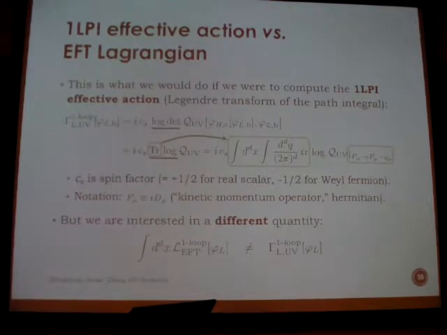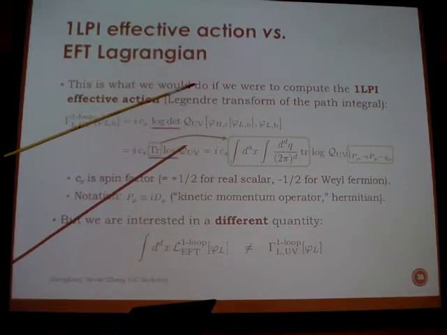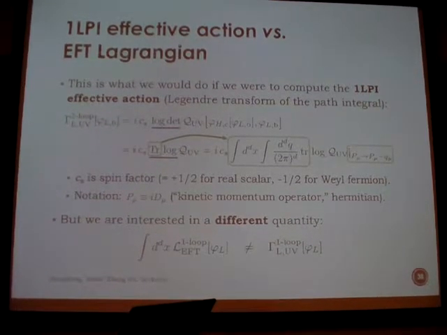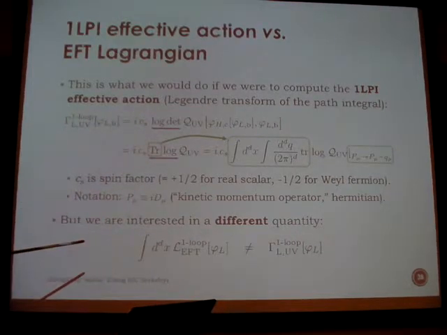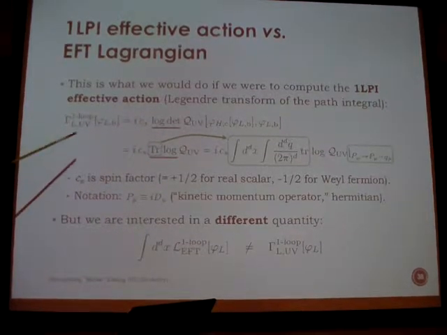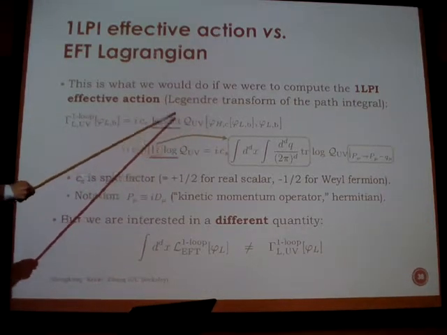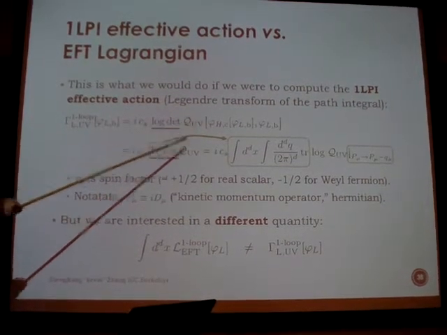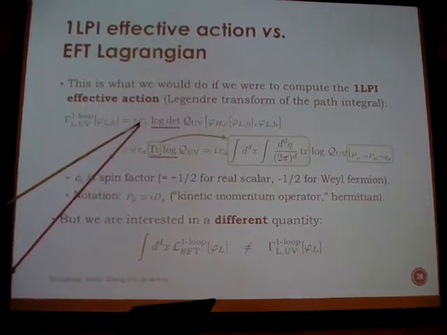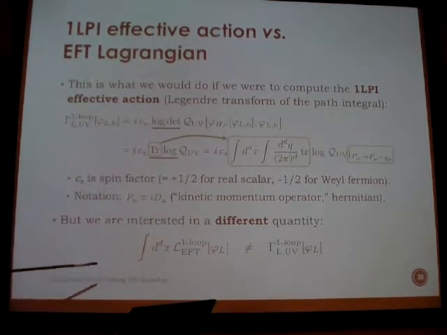And in fact, what I just showed is exactly what we would do if we were to compute the one-light-particle-irreducible effective action, which is the Legendre transform of the path integral. To be more precise, we take the logarithm of the functional determinant with a prefactor that depends on the spin of the particle.